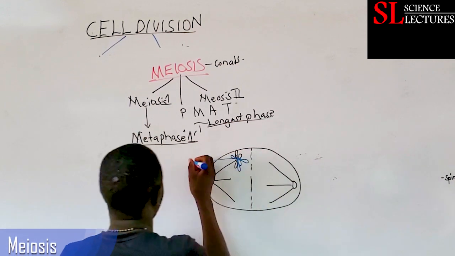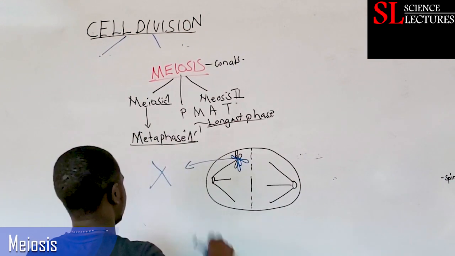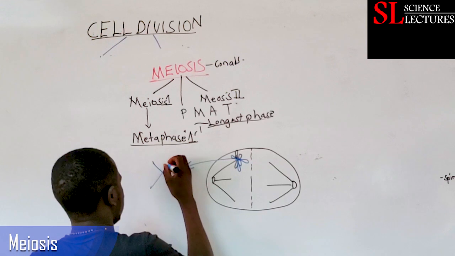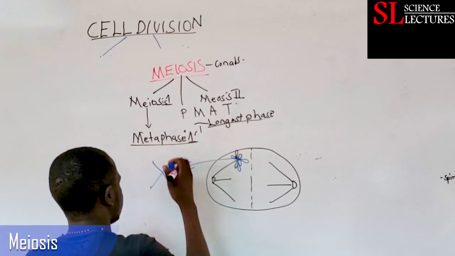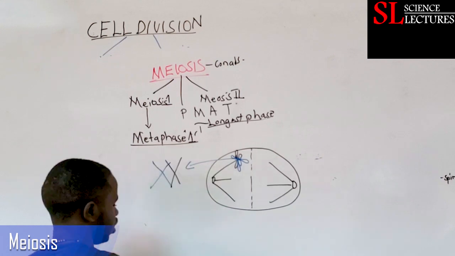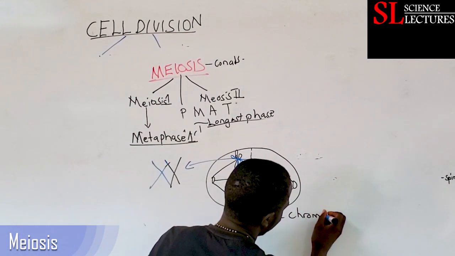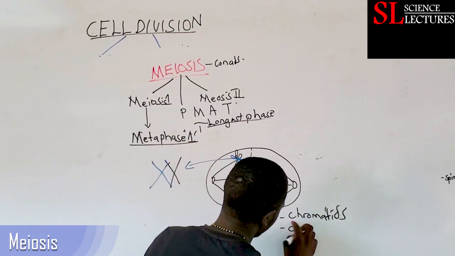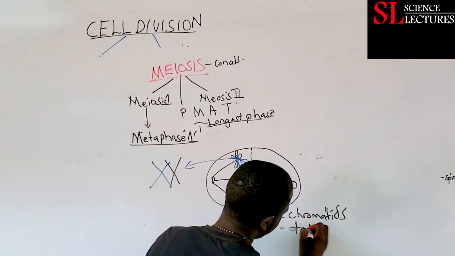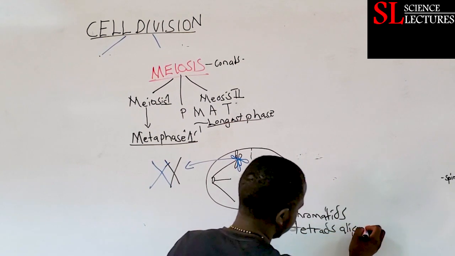This thing here contains 4 chromatids. So instead of having chromatids align themselves at the metaphase plate, this time we have tetrads aligning themselves at the metaphase plate.